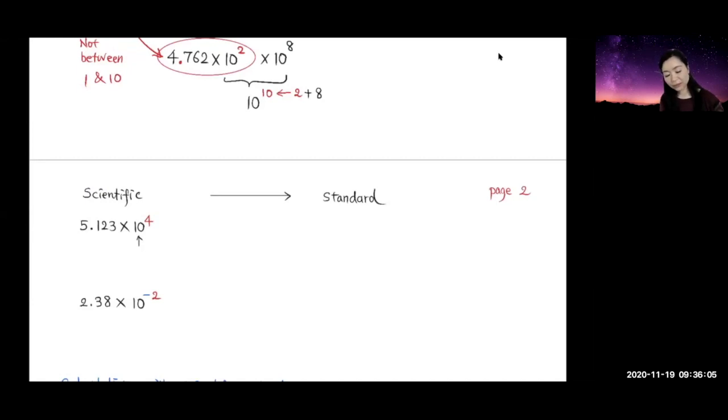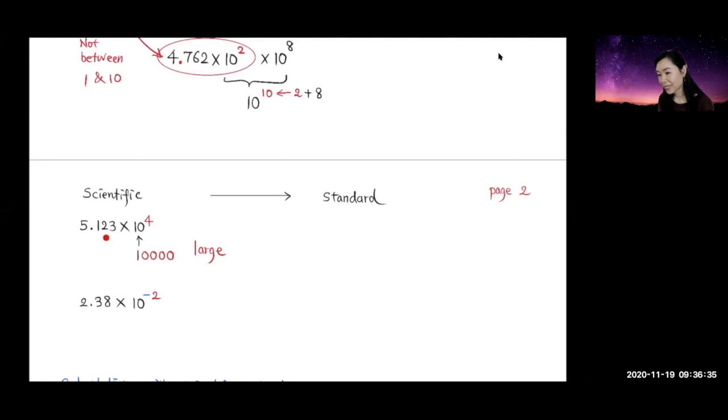It is the number 1 followed by 4 zeros, which is 10,000, right? It is a large number. So when this number is multiplied by a large number, it's going to make the result larger than the one that you start with.